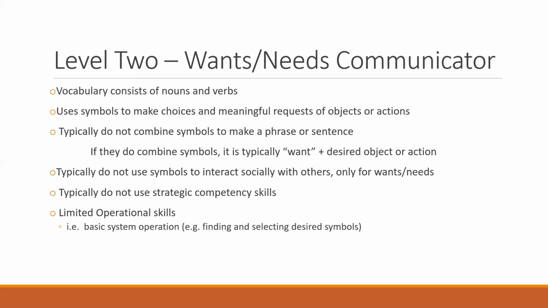It's want Oreo or want goldfish, so that desired object or action. They typically don't use symbols to interact socially with others. This is really solely for wants and needs. At this point, they typically do not have strategic competency skills, and they have limited operational skills. So they're really relying on their communication partner for basic system operation, finding and selecting desired symbols.